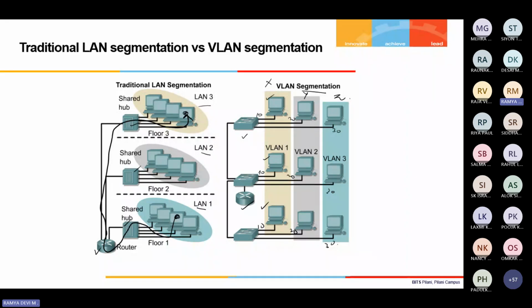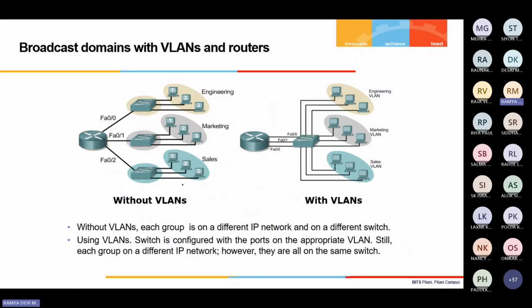Now we'll see the broadcast domains with VLANs and routers, without VLANs and with VLANs. Here there are three departments: engineering, marketing, and sales. The three departments are connected to separate switches: switch 1, switch 2, and switch 3.